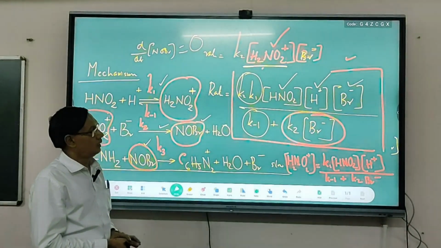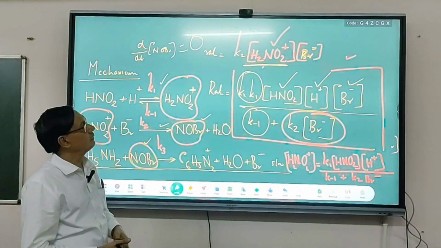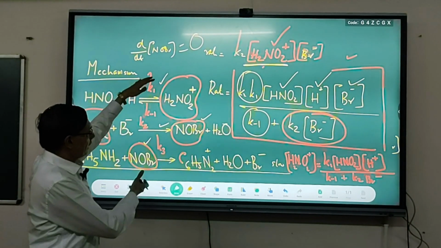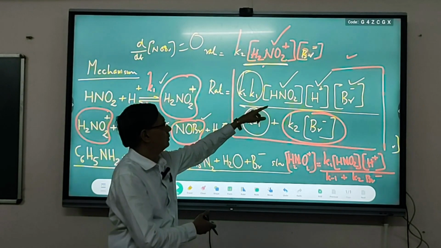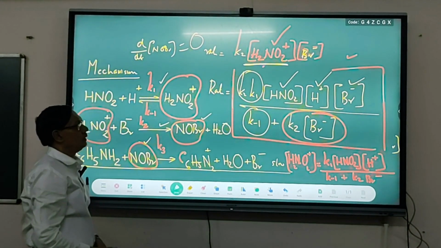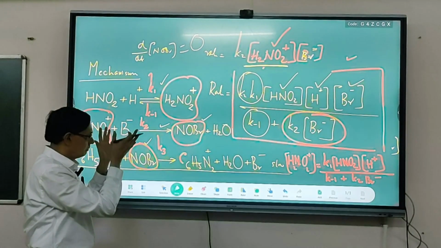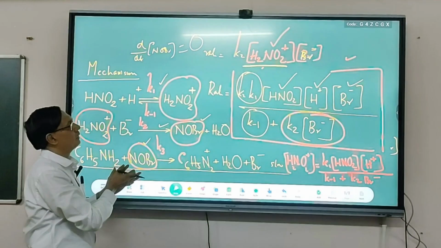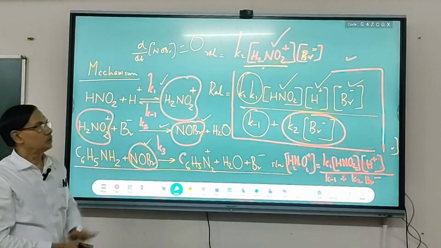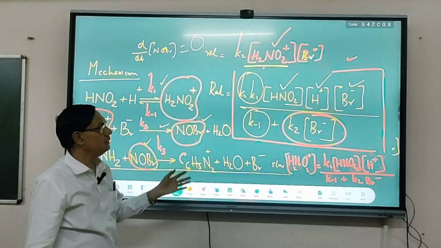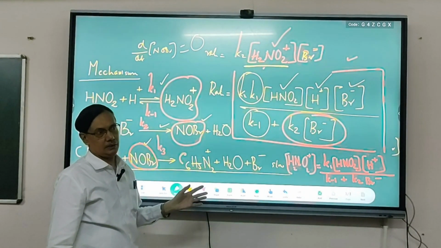How do you know your system is correct? When you apply this method, this is the mechanism and this is the rate law. If you get a rate law which is consistent with that mechanism, then you can say your mechanism is the most probable mechanism, and it is correct. So this is the simplest example of the steady state approximation method.